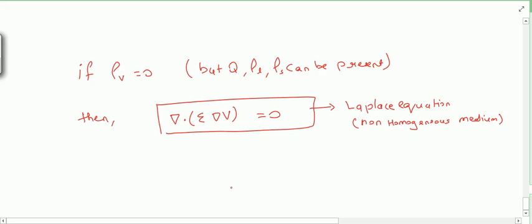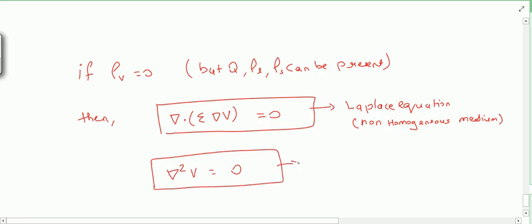Similarly for homogeneous medium, del square V equals 0, because I have taken rho v as 0. This will be the Laplace equation in homogeneous medium.